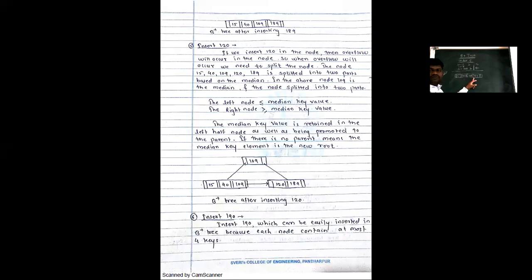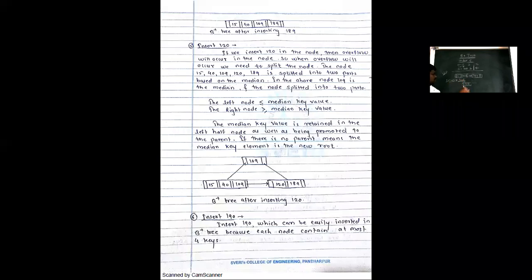After 109. So here it will be inserted. Now what will be the median here? 109. Now all of you observe the next construction of the tree after insertion of 120.